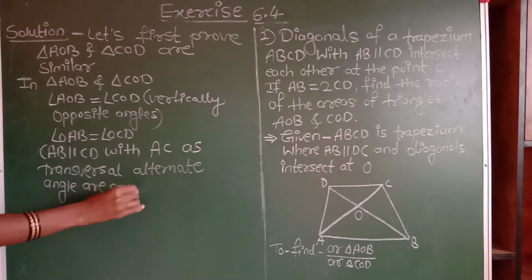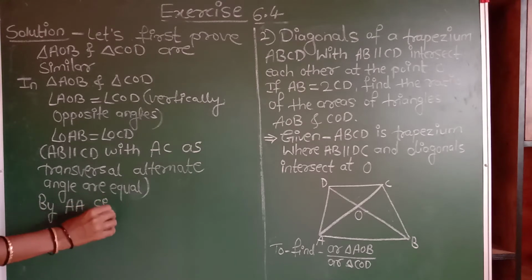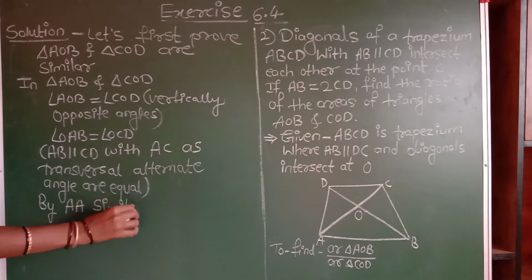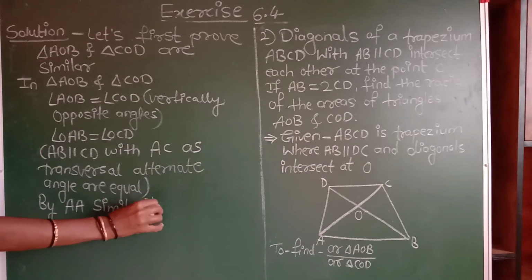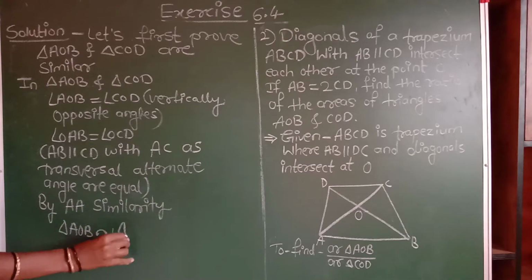By similarity, we can write here triangle AOB is similar to triangle COD.